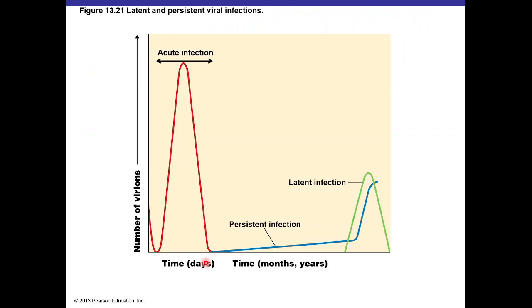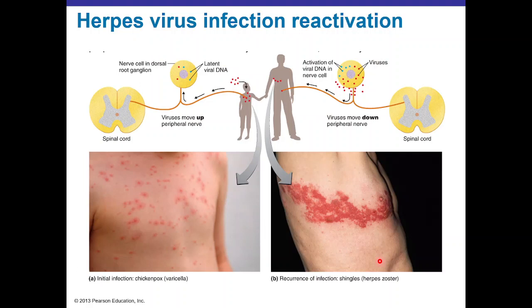So here is the difference between an acute infection and a persistent or latent infection. In acute infection, the infection lasts for days, while in persistent and latent infections, the infections last for months up to years. And then you have remissions and exacerbations of the signs and symptoms.